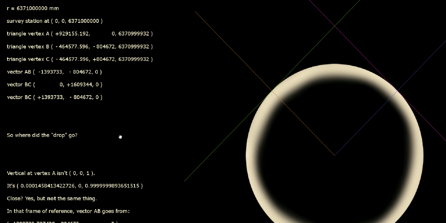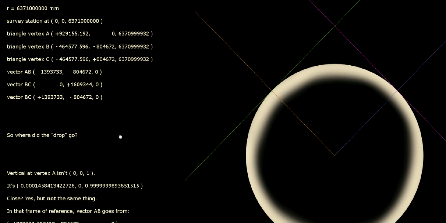And the cosine of that angle, 930 meters over 6,371,000 meters, which is 0.9999999, which is really damn close to 1, but it's not 1. It's really close, but it's not 1. Just like 8 inches is really close to being 0 miles, but it's not actually 0.